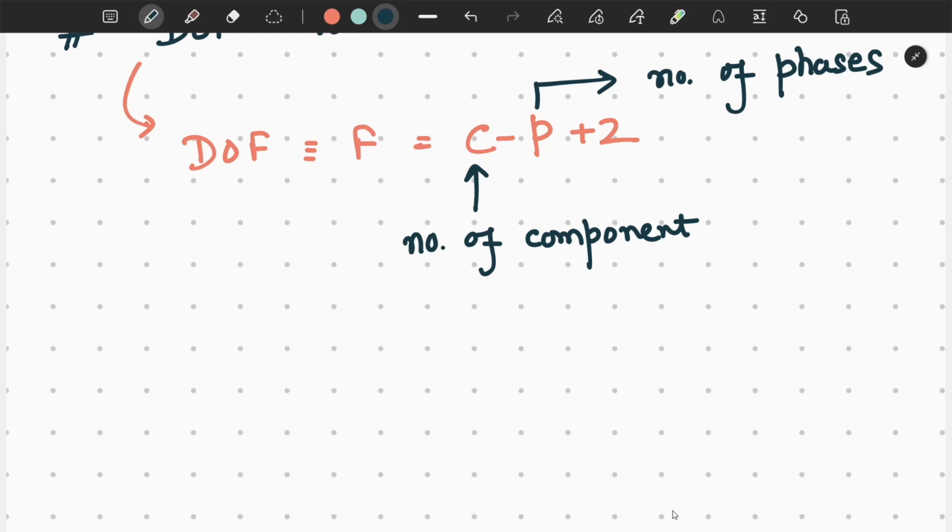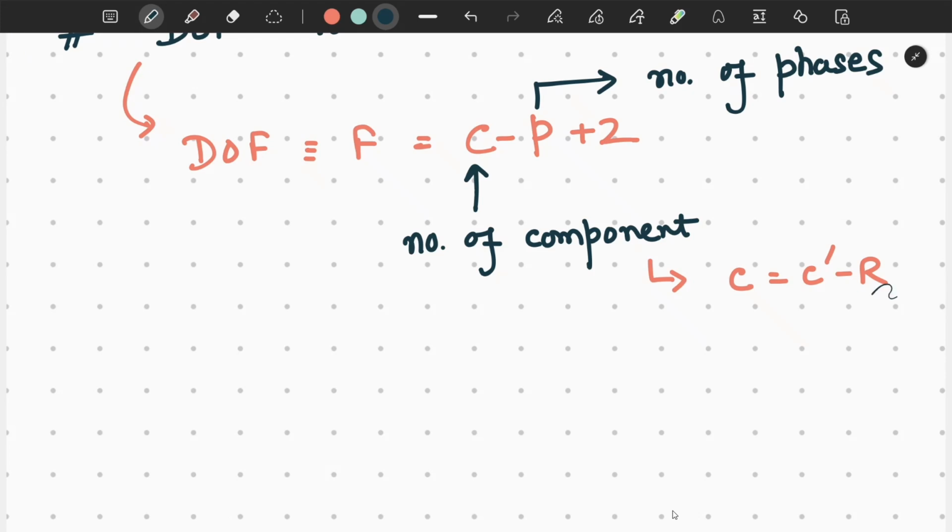Before that, we should discuss some examples. Then it will be clear, because the definition of component is actually C = C' - R. So what is C' and what is R? We need to understand it.